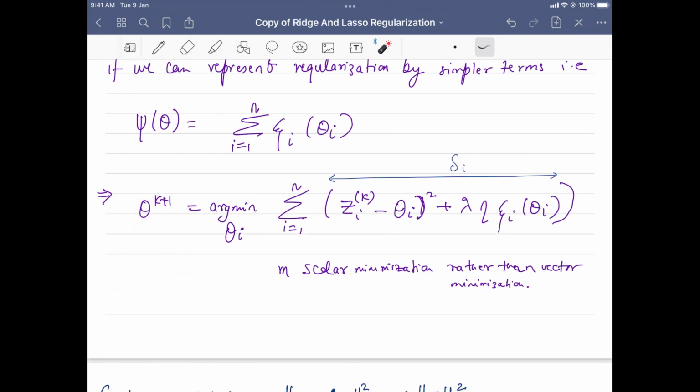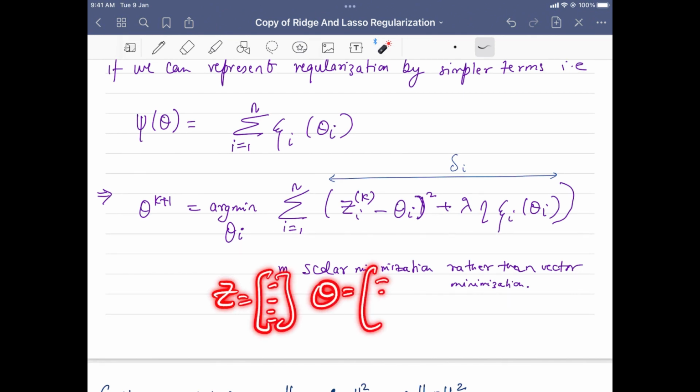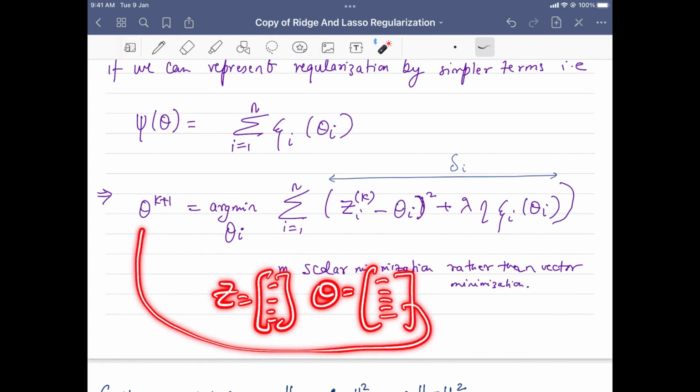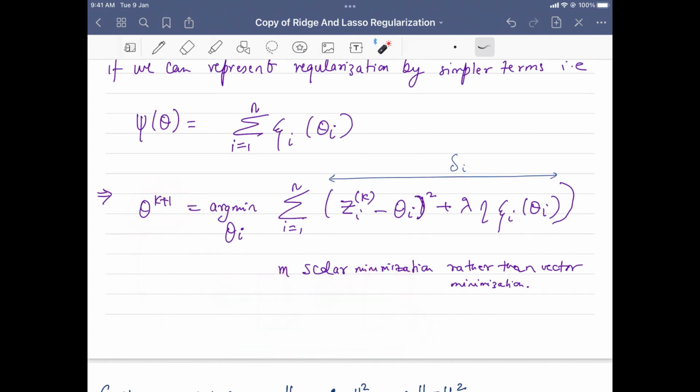So we are doing individual minimizations of each of these theta i's, where theta i, z i and xi i are the components of the vectors z and theta. You are working on the individual components, and then you combine these individual components to get the complete vector theta k. So if you have any questions here, you can ask.